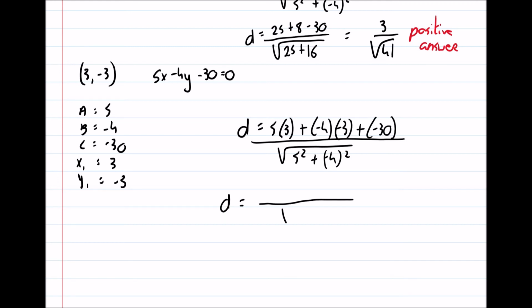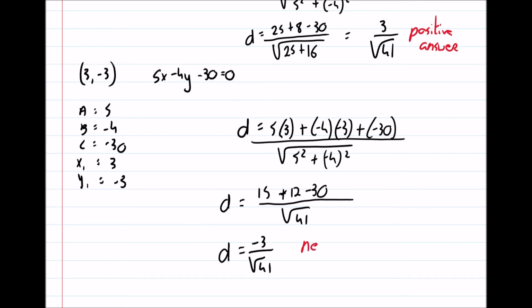We know down here is the square root of 41. Up here then, 5 multiplied by 3, 15, plus 12 minus 30. We get D equals minus 3 over root 41.